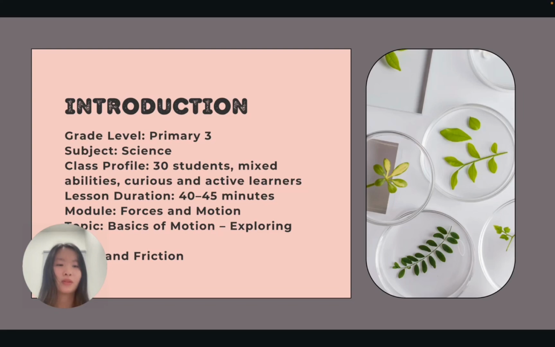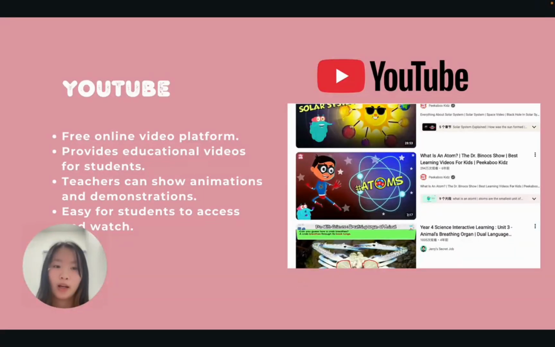Because concepts such as net force and friction can be abstract for young learners, choosing appropriate digital tools is intentional to support their understanding. Let me explain why I chose these tools and how each supports students' learning.